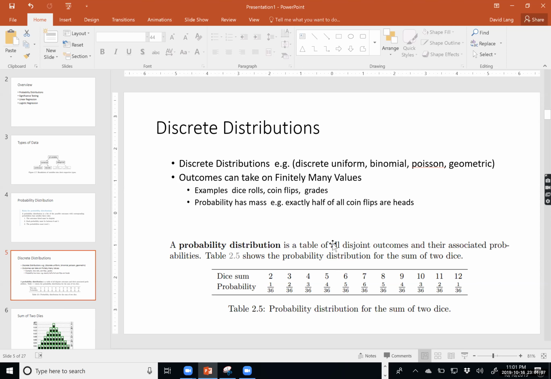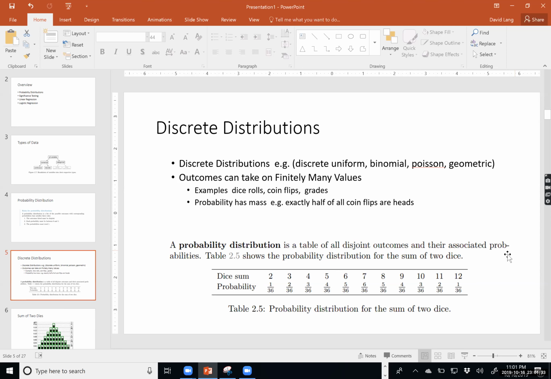So for instance, if I were to throw a die, the probability of getting a particular side is 1/6, or if I were to flip a coin, the probability of getting a head is approximately 1/2. And what I show below here is an example of a probability distribution of the sum of two dice.